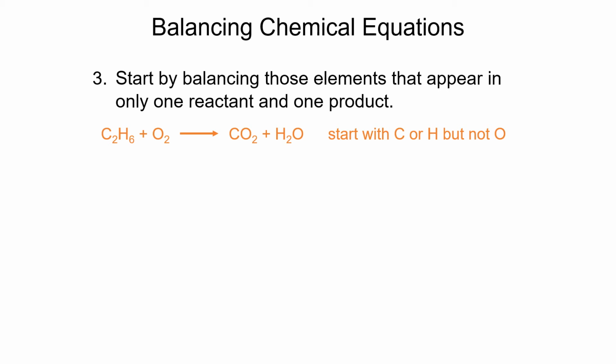We can start with C or H, but not O. Anytime you have something that is by itself, you leave it to the end to balance the equation. And there are other rules we'll talk about as we work through some problems after this video. So we're going to start with carbon or hydrogen. 2 carbons on the left, 1 on the right. So we need 2 on the right, so that we can't lose or gain any atoms. They have to be equal on both sides of that equation.